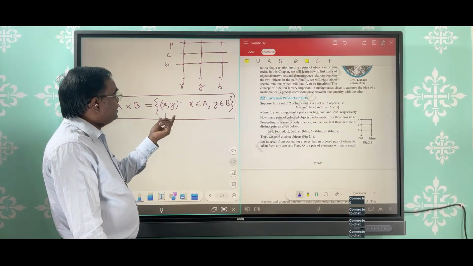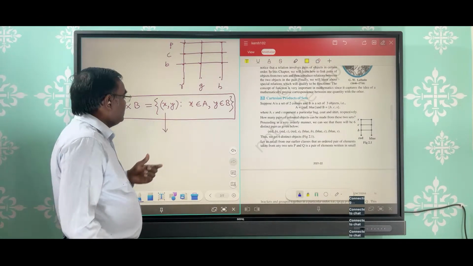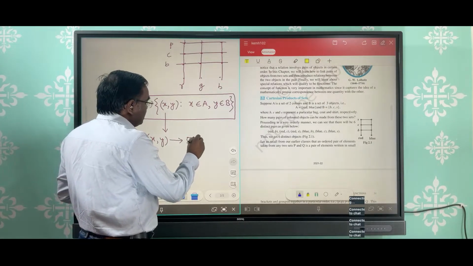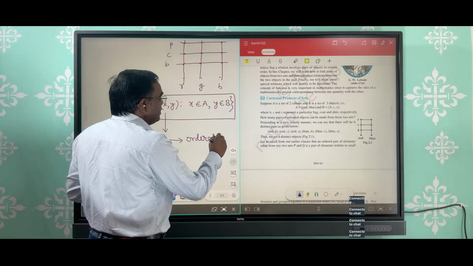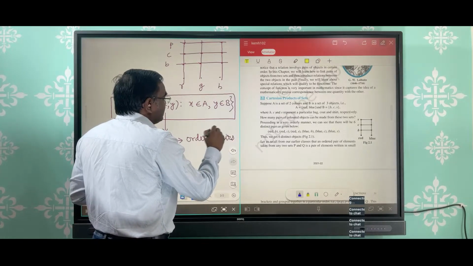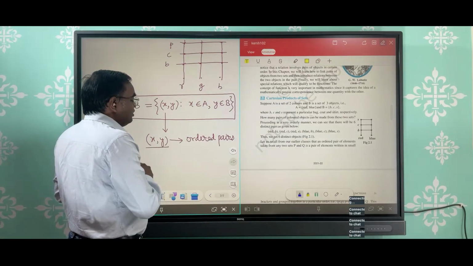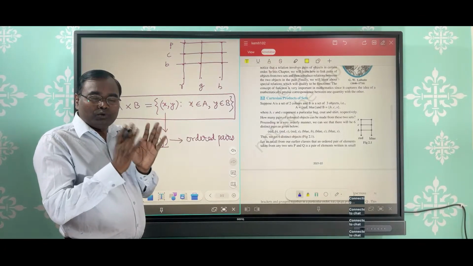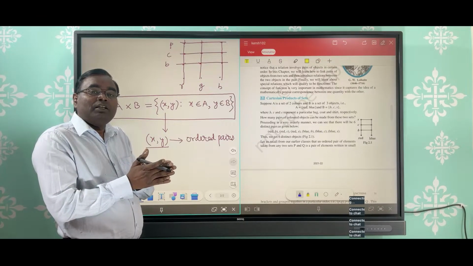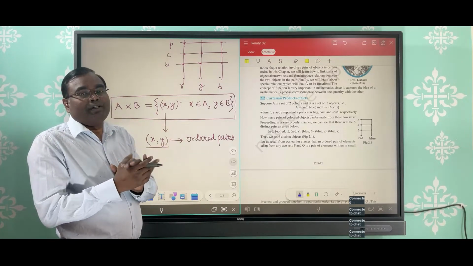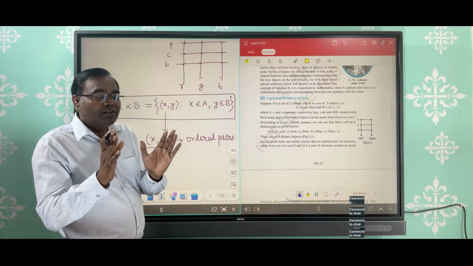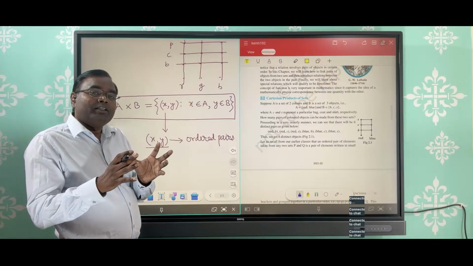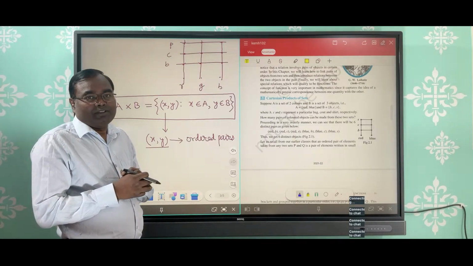Then these pairs (x, y) are called ordered pairs. So the cross product of two sets is nothing but the set of ordered pairs, a set made up of the ordered pairs. Right? So that is the thing.